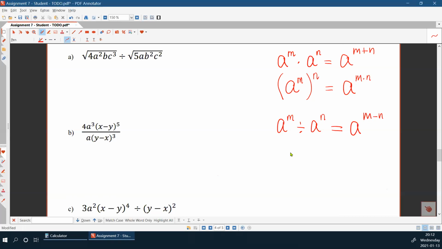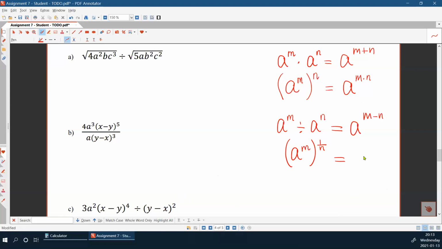And also a to the m and then to 1 over n's power. What is the result? What is the result here?